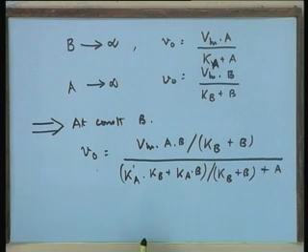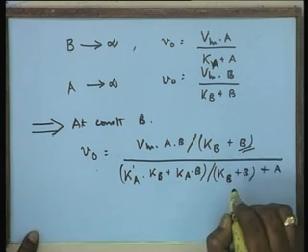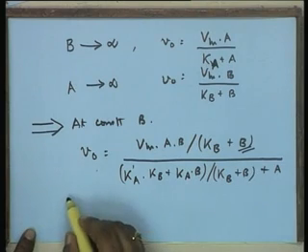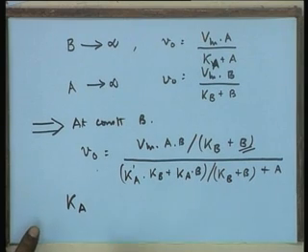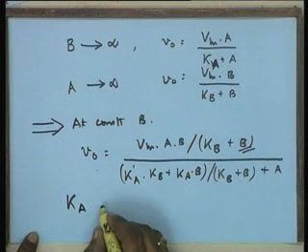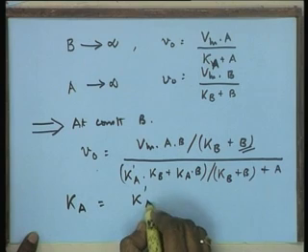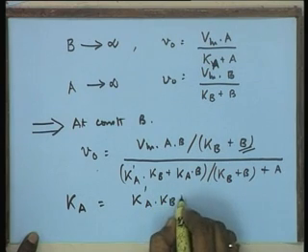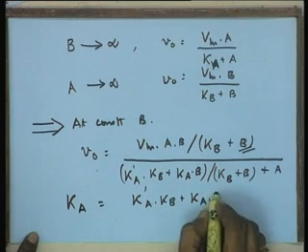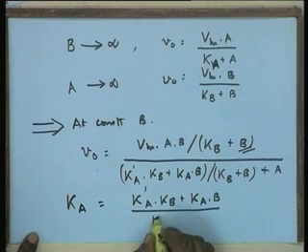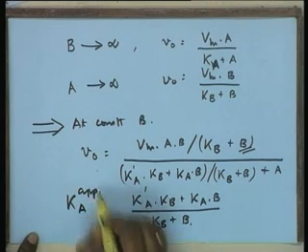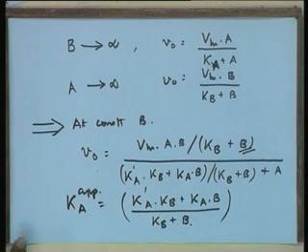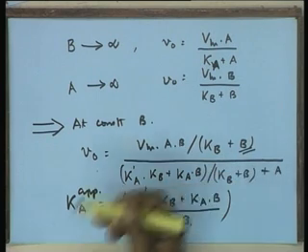So at any constant value of B, you can consider the apparent value of Km for A to be K dash A into Kb plus Ka into B upon Kb plus B. So this is essentially the apparent Km with respect to A, obtained by rearranging our general equation.